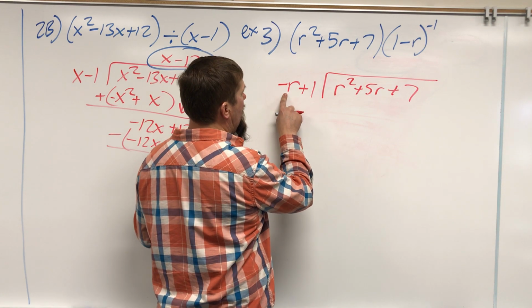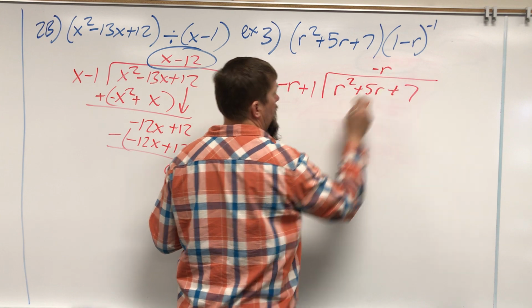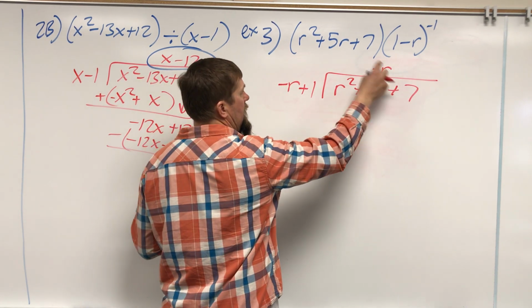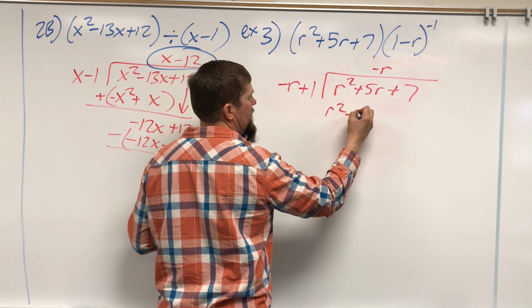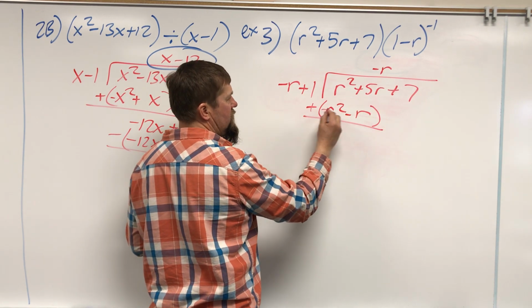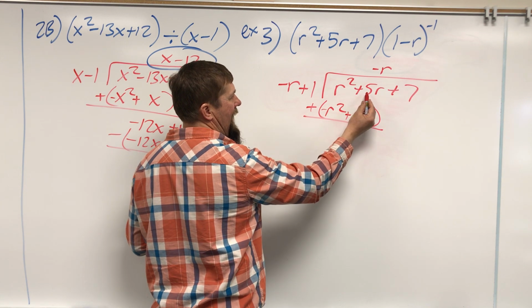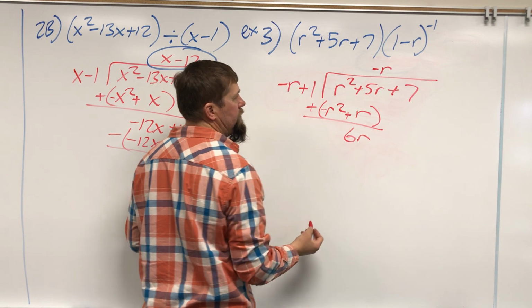Negative r times what? What do you multiply this by to get r squared? Well, that's negative r. Negative r times negative r is r squared. Negative r times 1 is negative r. When you subtract, again, your change, so you're actually adding 5 plus 1, which is 6r.